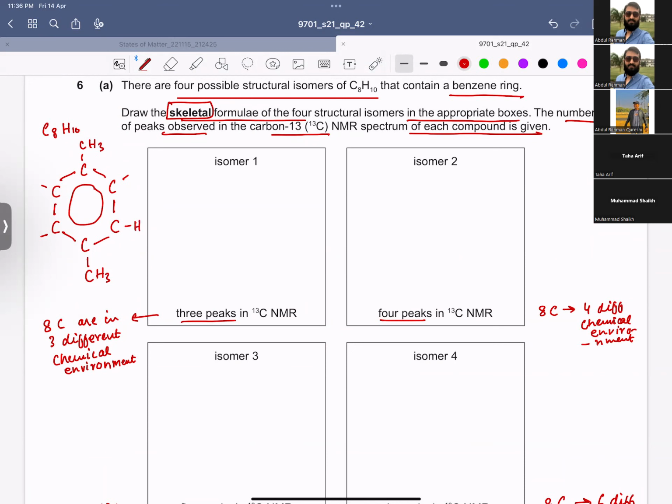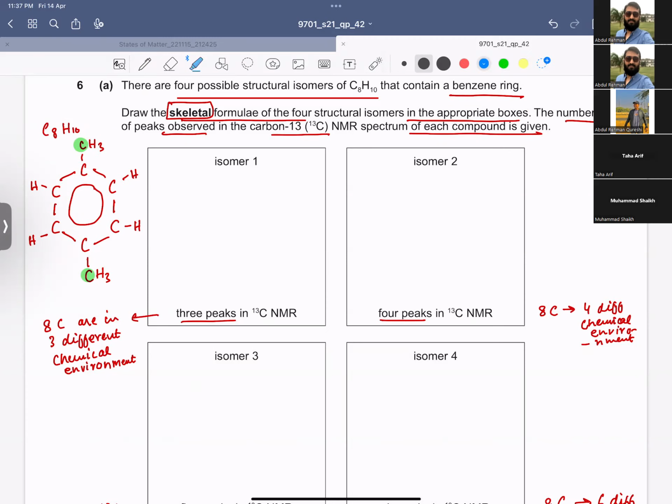rest of the 4 carbons, each one has a hydrogen. So it's a wholly symmetrical molecule. So if you look at this molecule, these 2 carbons are exactly similar. They have a similar chemical environment. So these 2 would show one signal.